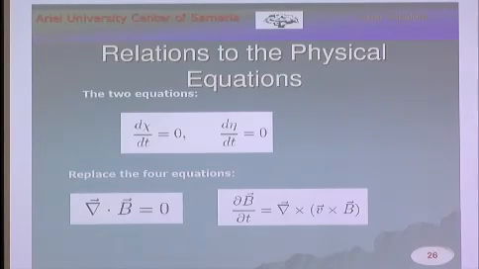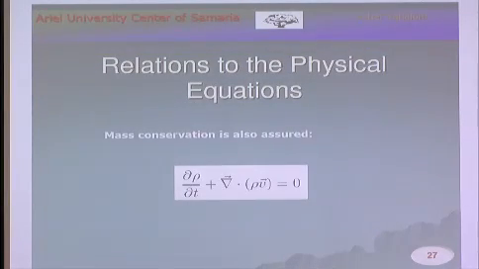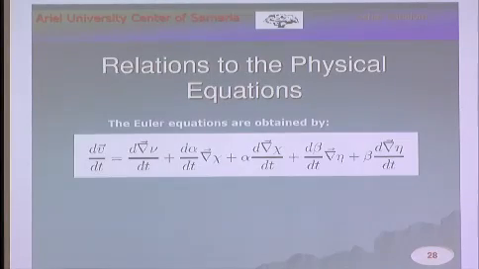Now, what do those variational equations have to do with the physical equations? Well, the fact that the material derivative of chi and eta vanishes has to do with replacing those two equations, as I said before. Mass conservation, nothing to be said about that.